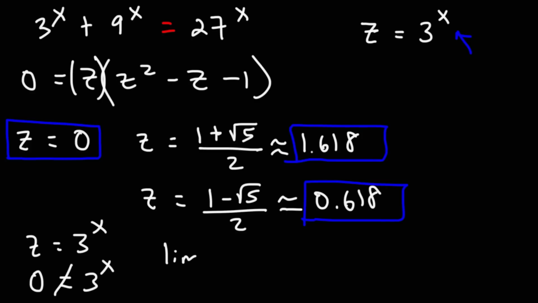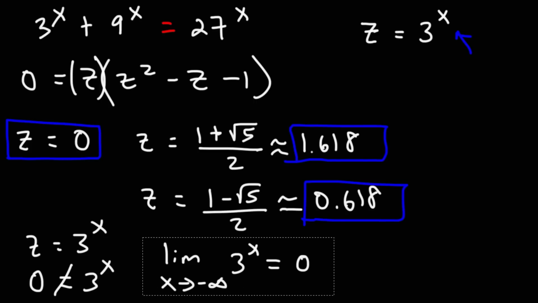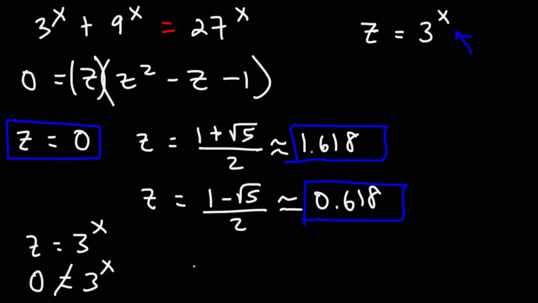Now you could describe it as a limit. The limit as x approaches negative infinity for 3 to the x will become 0, but it's not really an exact number. Now one way in which you could try to solve this is by taking logs. If you take the log of both sides, log 3 raised to the x is equal to log 0.